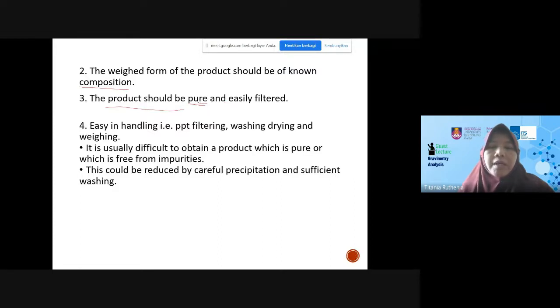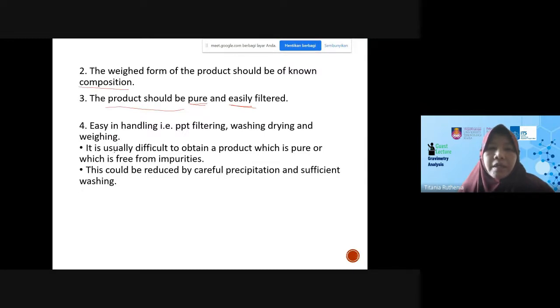Although it is very hard to get 100%, we have to try to have a nearly pure product, and it must be easy to filter, because it's based on the formation of precipitate. So we have to filter the precipitate after it has formed. And it's easy to handle, for example in precipitate filtering, washing, drying, and weighing.